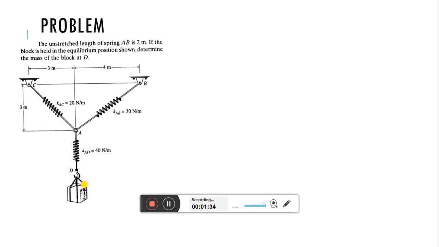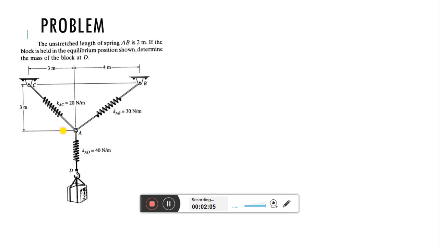Okay, so this is a block which is hanging, so it will have some mass, and obviously due to mass it will also have some weight, and we know weight means a force which is acting downward. Okay, and in this direction downward it is acting. Now from the equilibrium condition we need to find out the mass of block D.